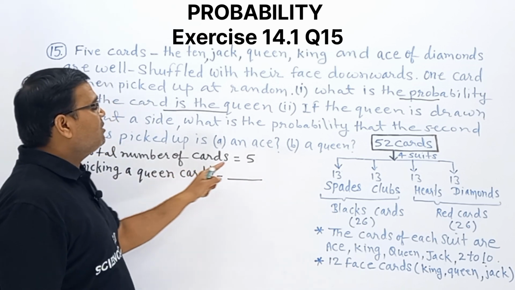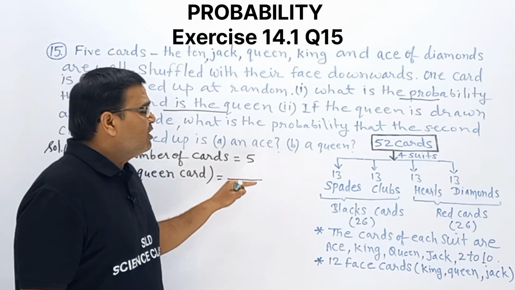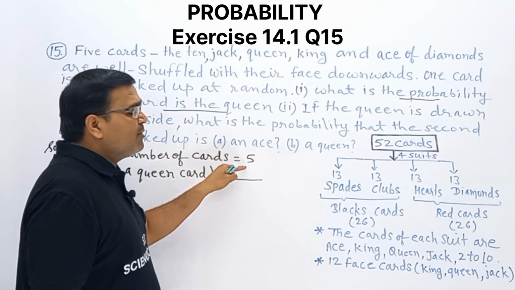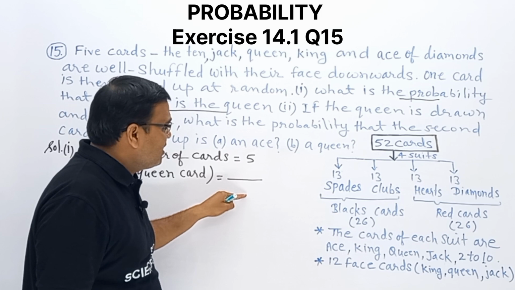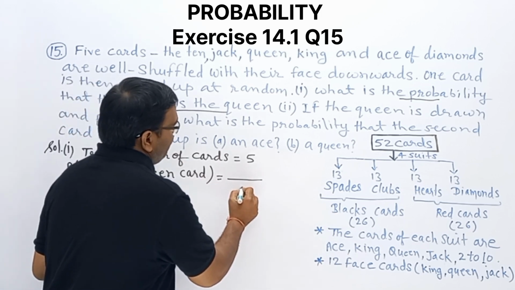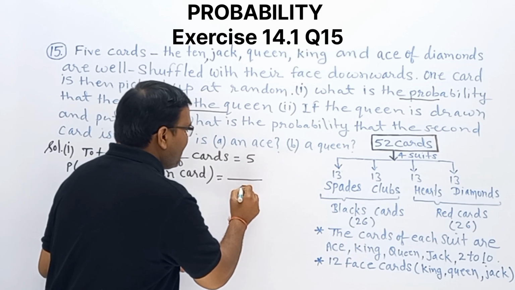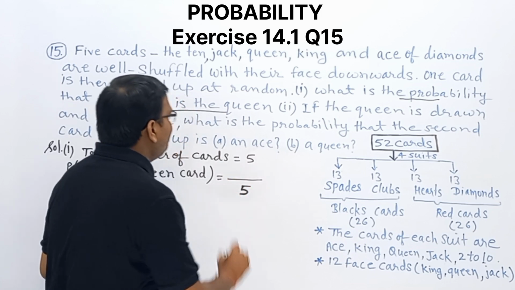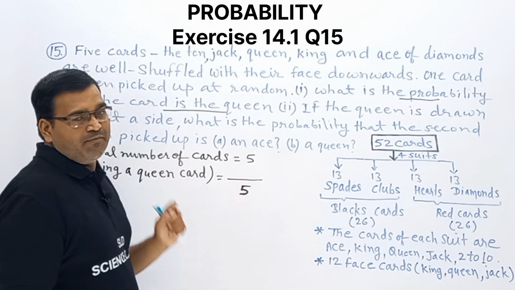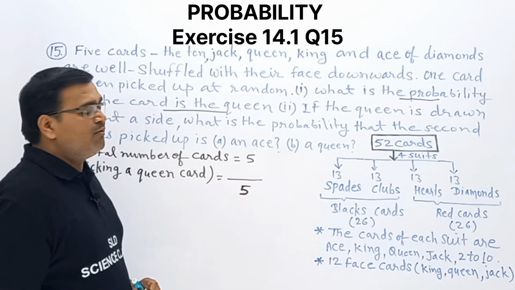Probability of an event is the number of favorable outcomes divided by total possible outcomes. In this case, total possible outcomes will be 5. We are having a total number of 5 cards. So, the denominator is 5.